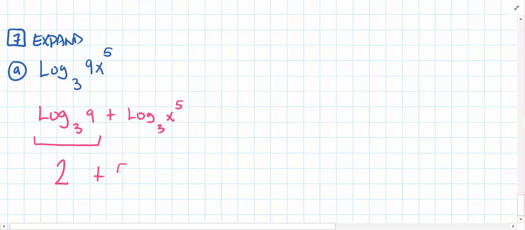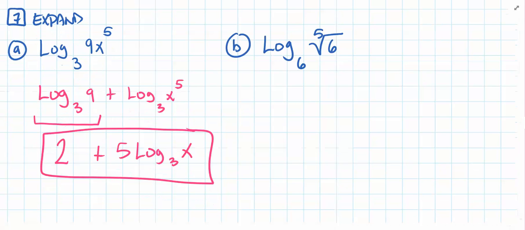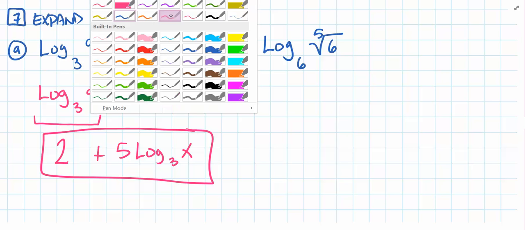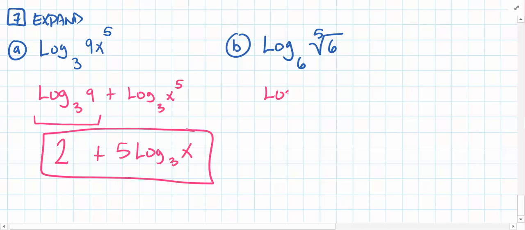Okay, look at this thing: log base 6 of the 5th root of 6. So this is going to be log base 6 of 6 to the 1/5 power, because the 5th root of 6 is 6 to the 1/5. Now this 1/5 can go down in front because of the power rule.